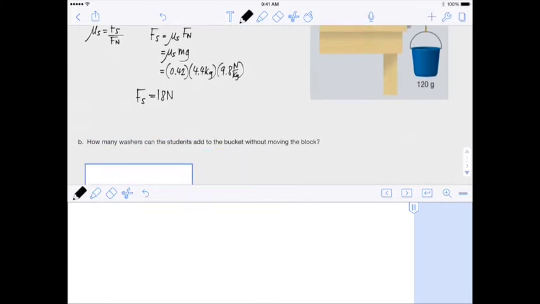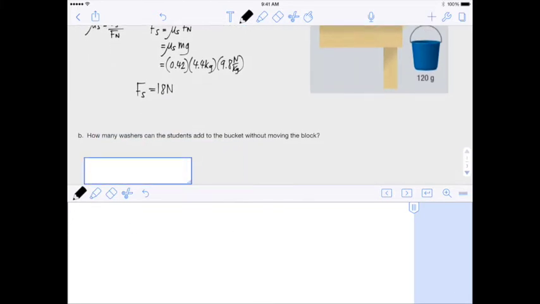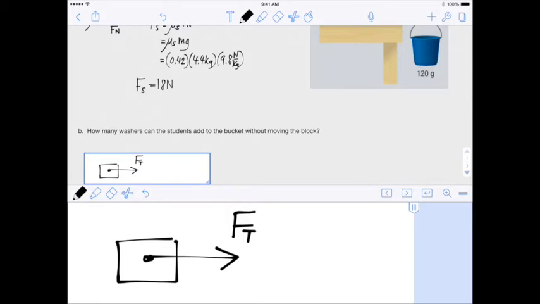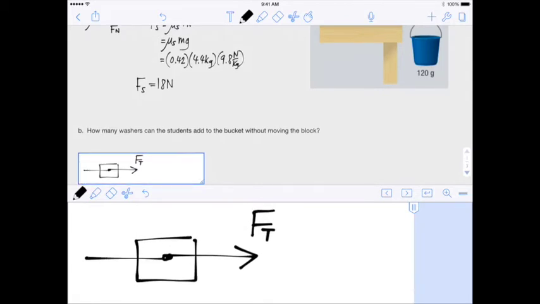Now, in part B, they ask how many washers the students can add to the bucket without moving the block. If we take a look at the block and draw a free body diagram, we know that tension, when you add the washers to the bucket, will be attempting to pull the block forward, while static friction will be keeping the block from moving.